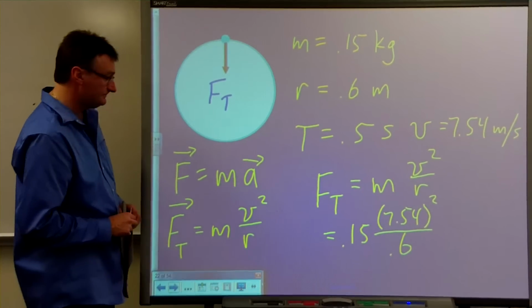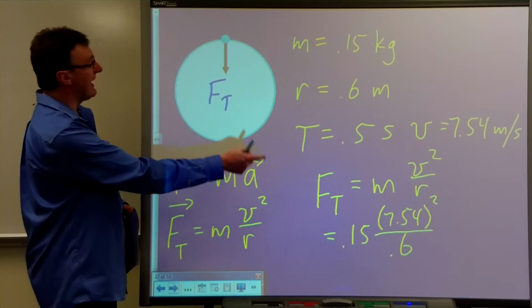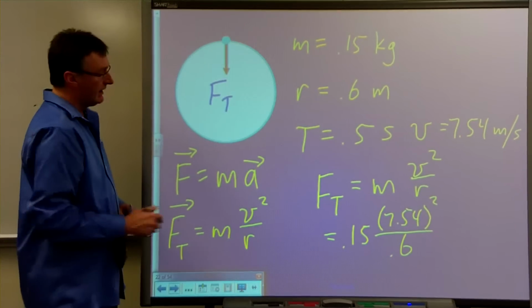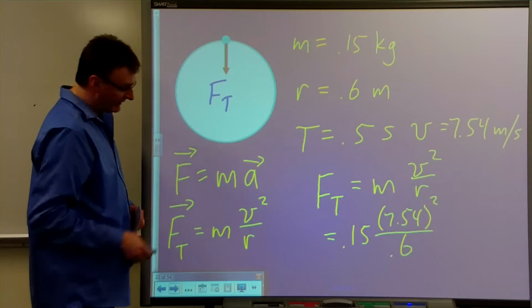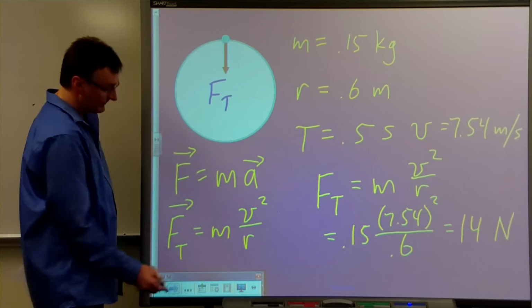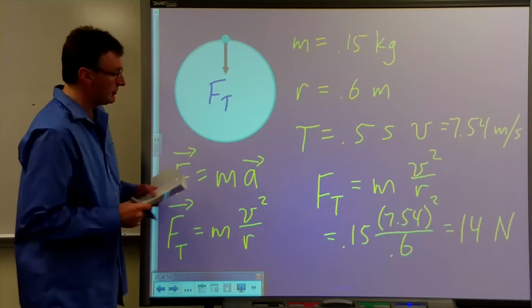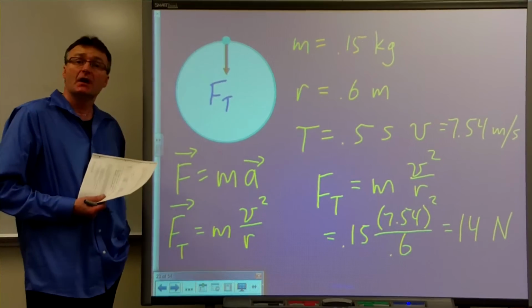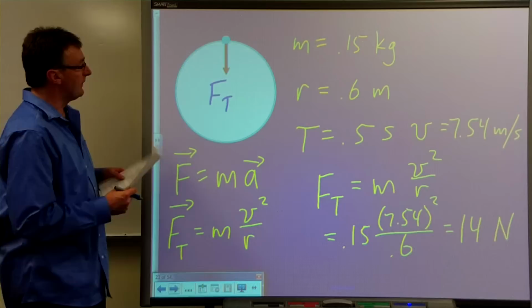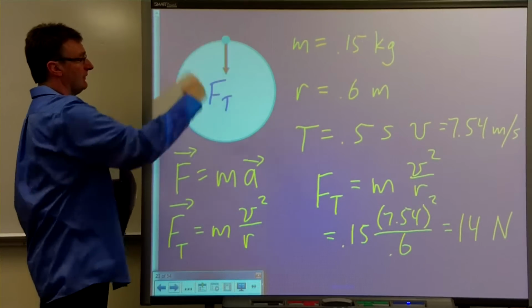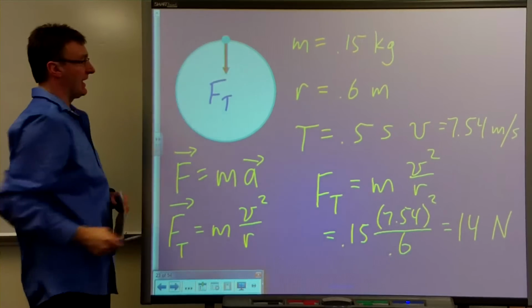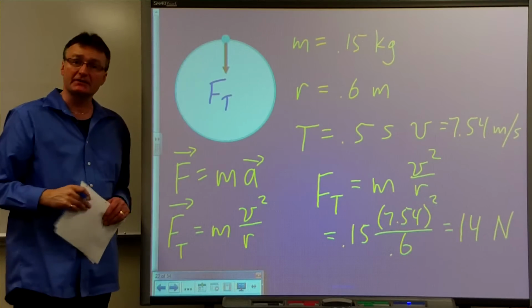The mass is 0.15 kilograms, the speed was 7.54, squared, and divided by 0.6. When you punch that in your calculator, you should get 14 newtons. So 14 newtons is the tension force needed to keep that object moving around in a circle with those parameters, the mass, the radius, etc.